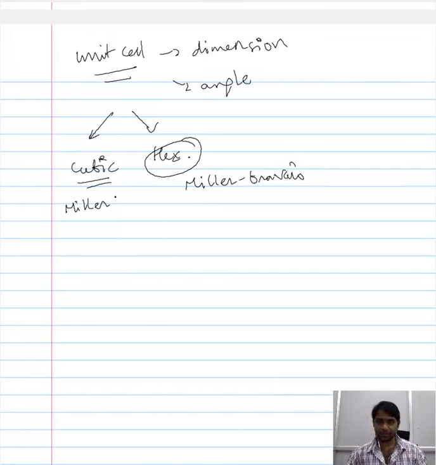So let me repeat. Instead of talking about a specific plane within the unit cell, we considered a family of planes or family of directions, which we arrived at by considering a specific plane and a specific direction and then playing around with the frames of reference or the position of origin. We were able to show that a set of planes or a set of directions are equivalent.